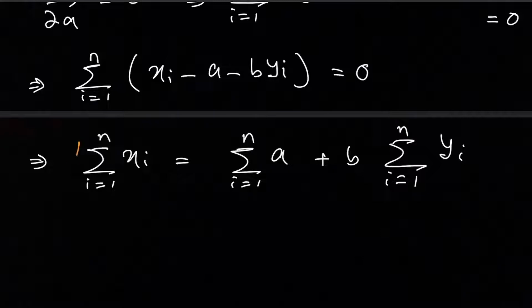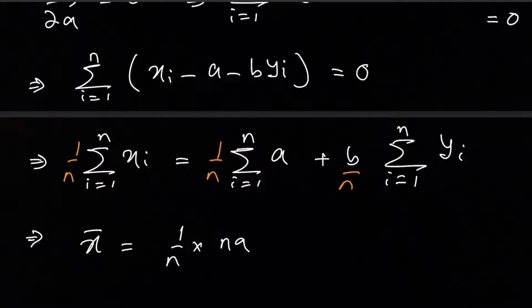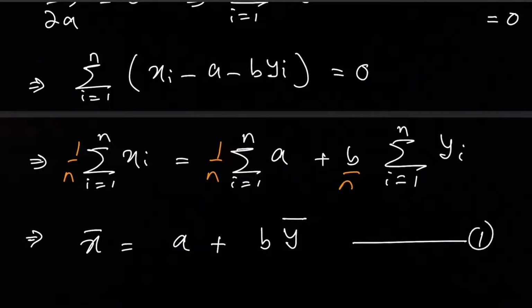Dividing the entire thing by n, we'll get x bar equal to 1 by n multiplied by na, which is nothing but a only, plus b times y bar. So let's just take this as equation 1.